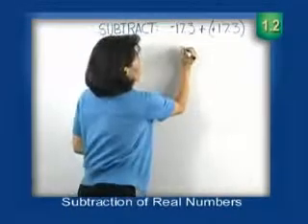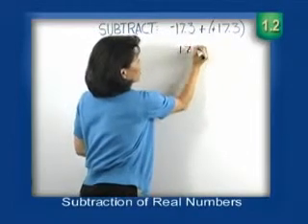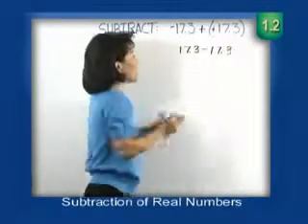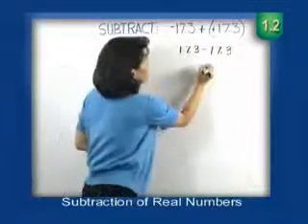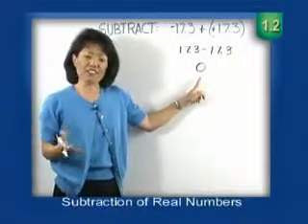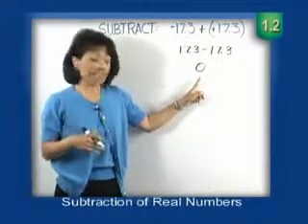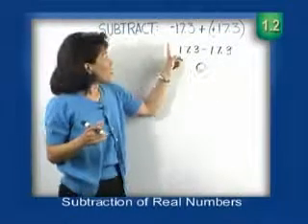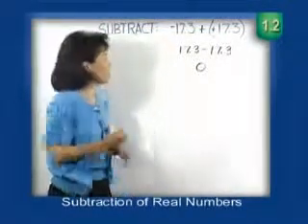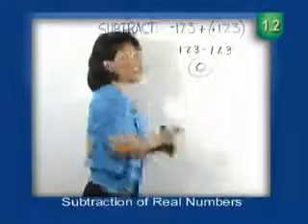So we'll just subtract them from each other. 17.3 subtract 17.3. We know that that's equal to 0. We know that 0 carries no sign. That means it's neither positive nor negative. It's neutral. So negative 17.3 minus that original negative 17.3 is equal to 0.